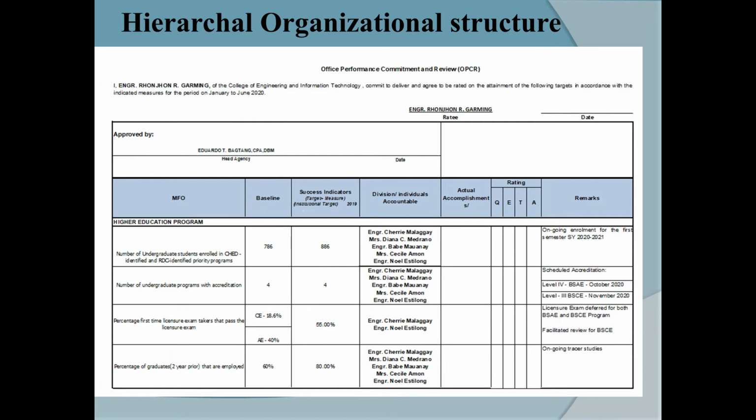In a hierarchical organization, it is observed that the deliverables can be seen in the Office Performance Commitment and Review. What is the meaning of this? You can see in the organization presented a while ago that there are various offices.